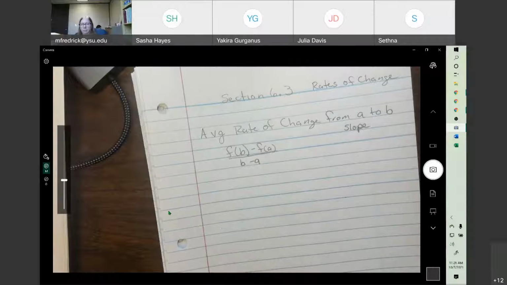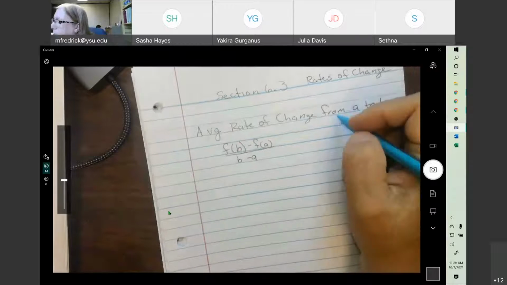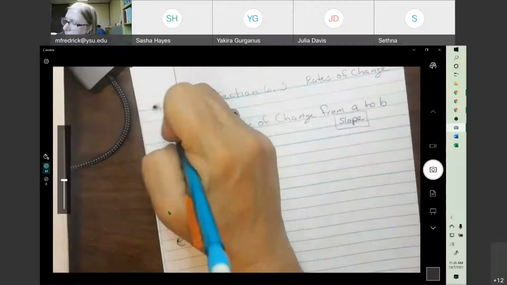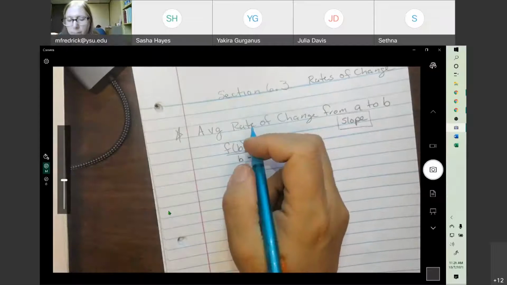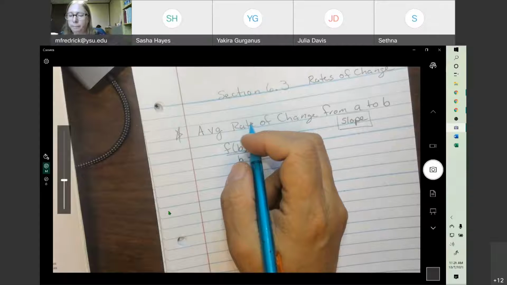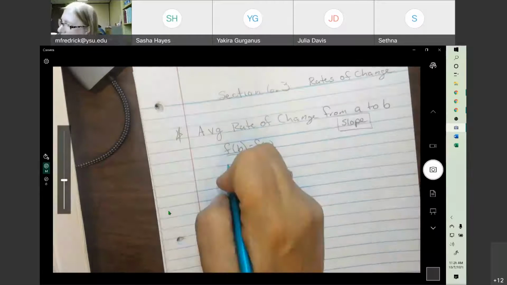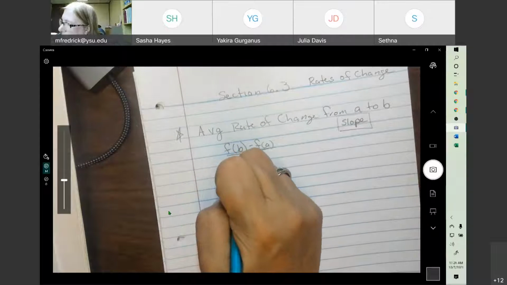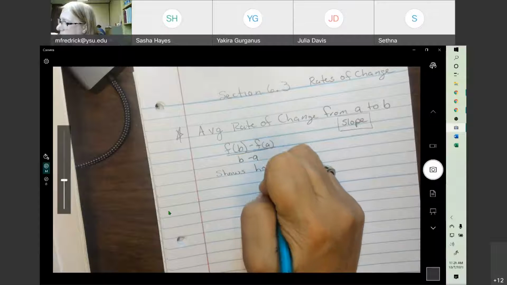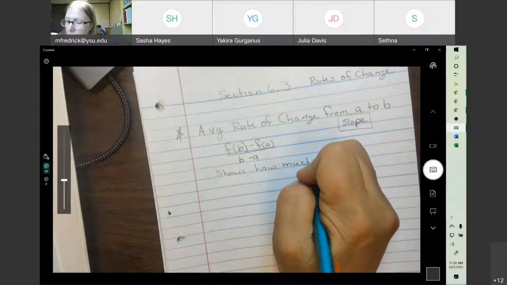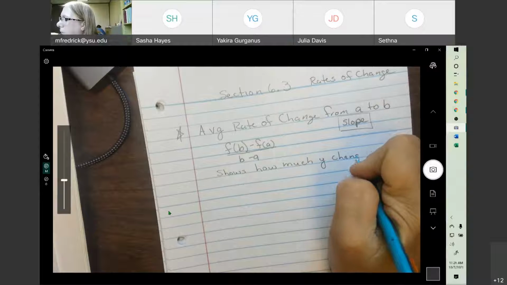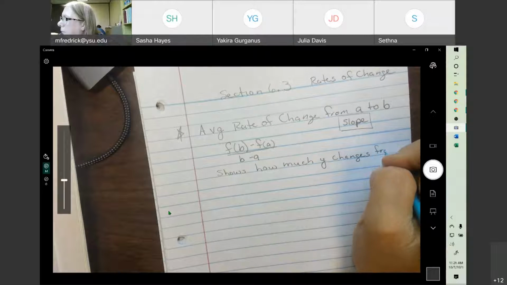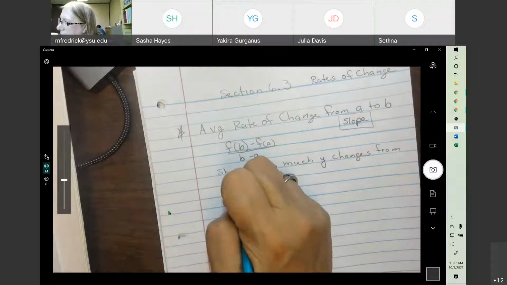Same thing. It shows how much y changes from A to B.